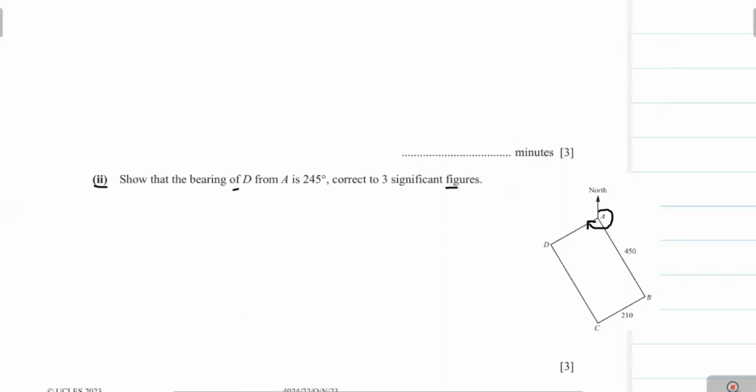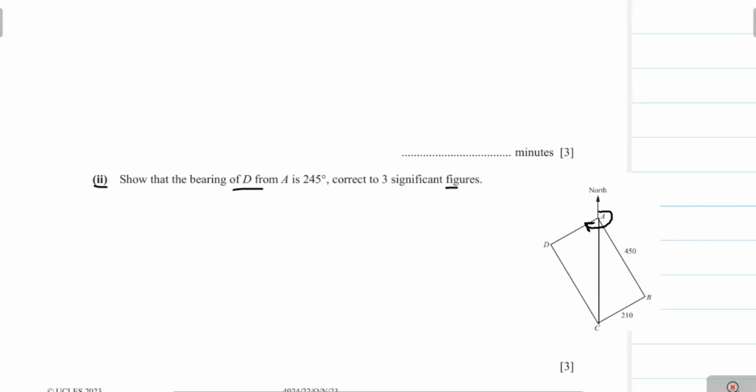Part second, show that bearing of D from A is 245 degree. This is the bearing of D from A. This is the angle from the north at A towards D in clockwise direction. You see here, this point C is the south of A, therefore this angle will be equal to 180.